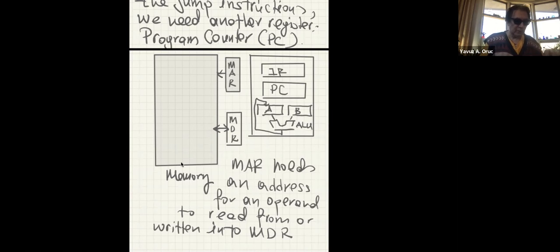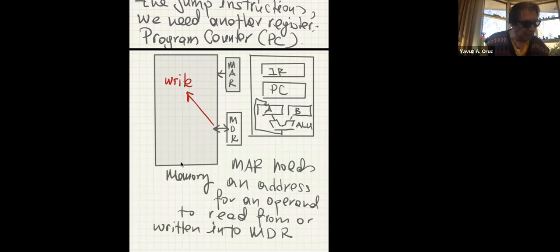So looking at it from the memory side, MDR is an outlet either to read something from memory into MDR, and then from there we simply read it into one of our A and B registers. Or it could be used to write something into memory, in which case we simply push it from MDR into memory. Okay. Let me show this to you so that it's fairly clear. This arrow means write.